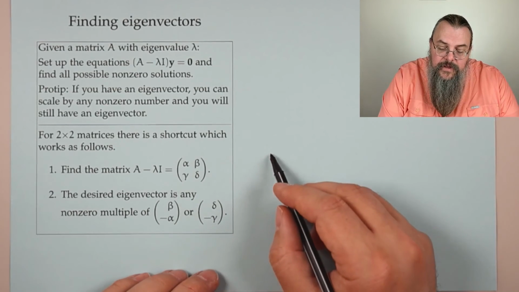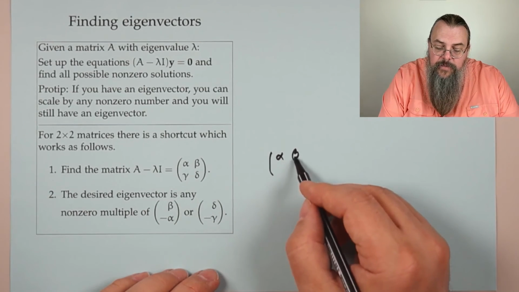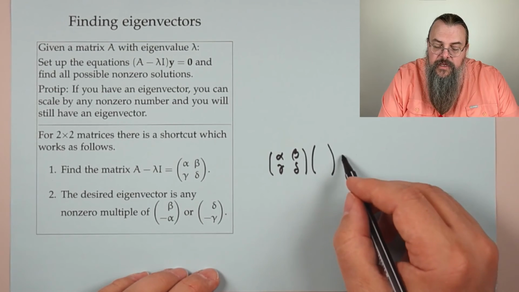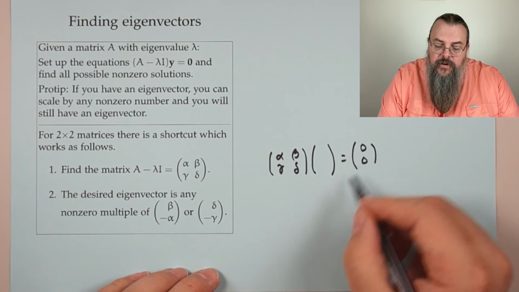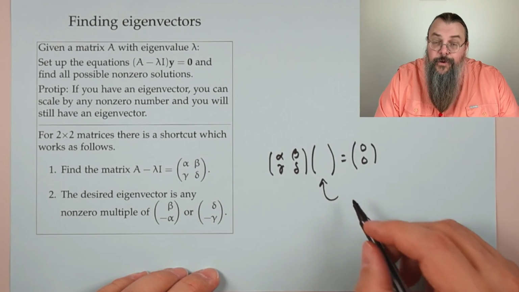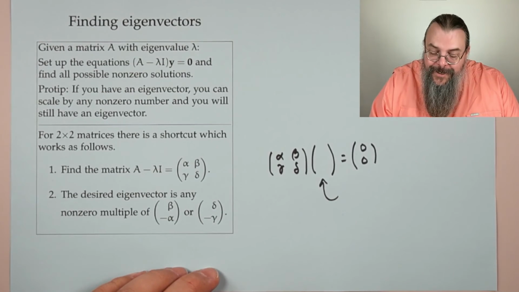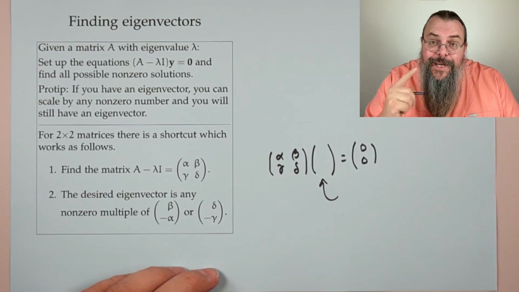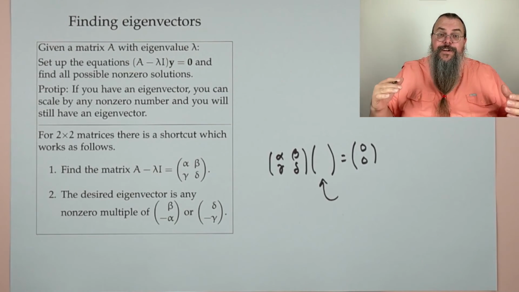And now you say, okay, I have alpha, beta, gamma, delta times something, and I need to get to 0, 0. So the goal is, what's in the vector? What goes here that works? As long as you can find one thing that works, life is good.